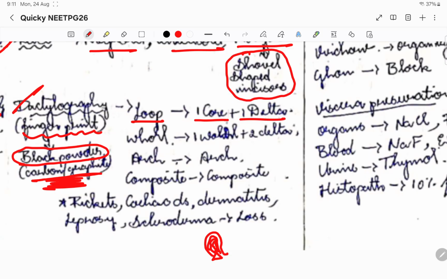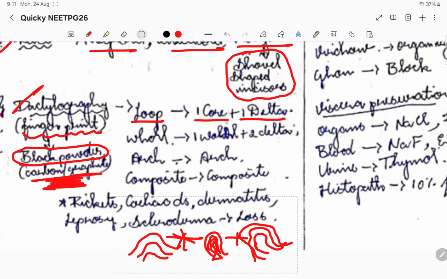Just take a look at your own fingerprint, and you will be able to identify what I'm talking about. If it is whorled, there will be whirling. Then an arch will be like this. Then composite combines all these things. So these are the types of dactylography that we do.